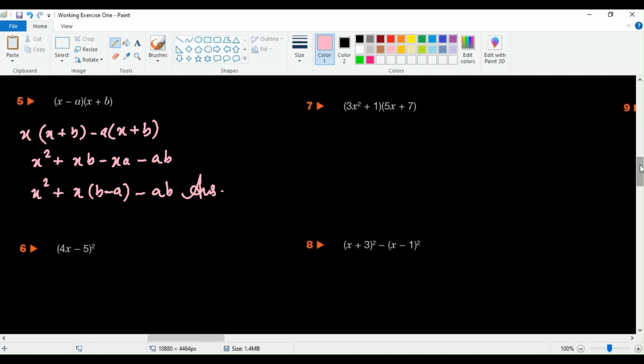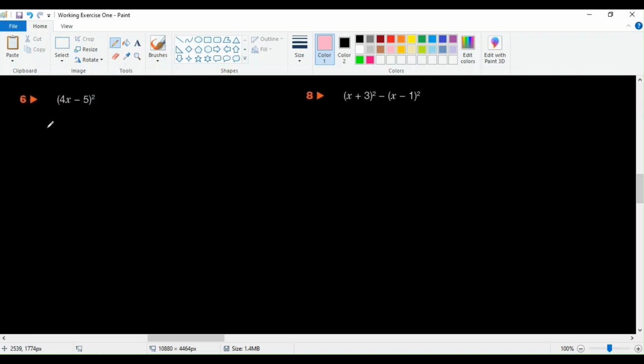Now question number 6, it says 4x minus 5 is to be multiplied by itself. That means 4x minus 5 is going to be multiplied by 4x minus 5 this way. And I will write 4x and minus 5 like this. So this gives us 16x squared, and minus 4 times 5 is a 20x, and minus 20x once again, and minus minus is going to be a plus 25.